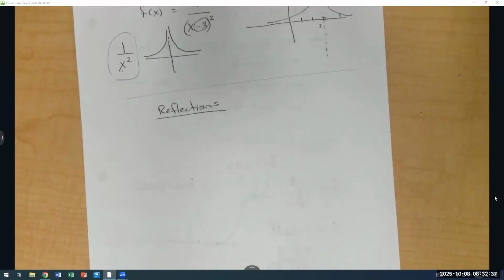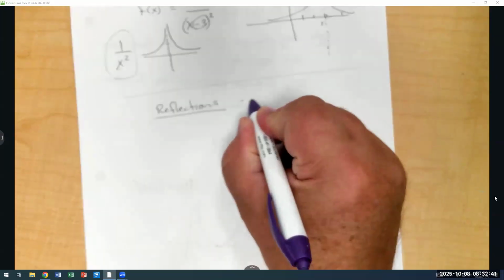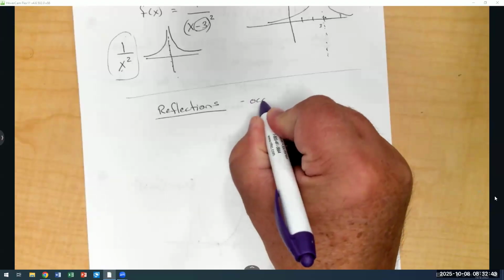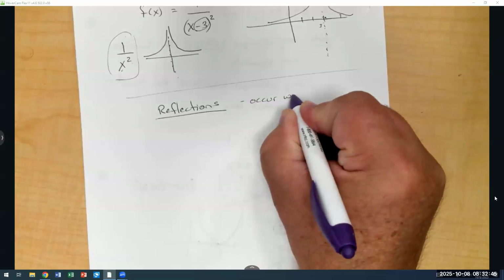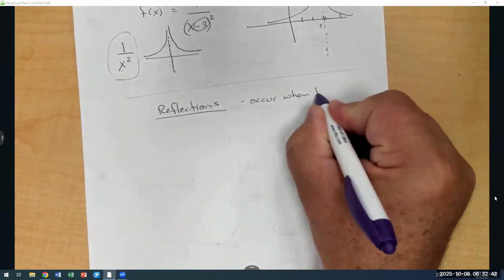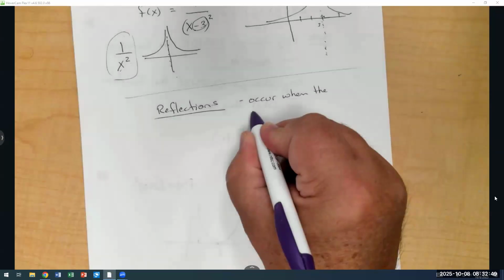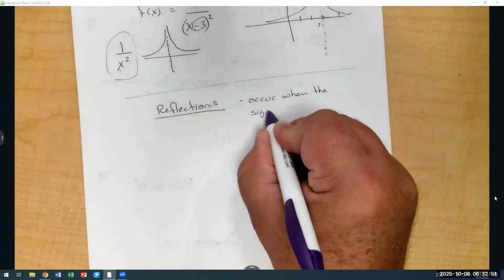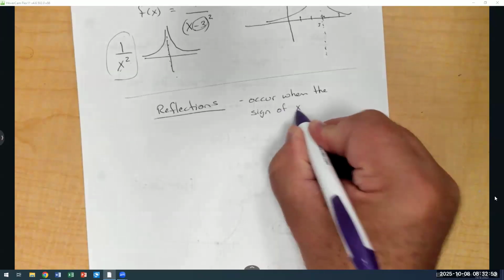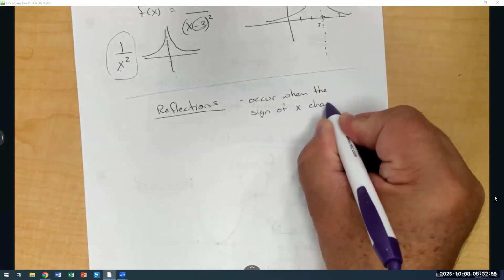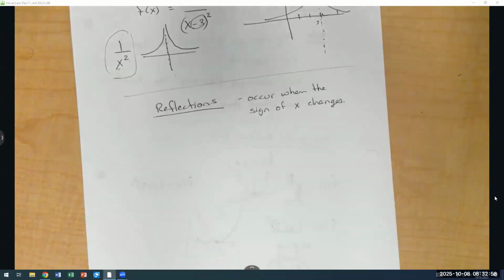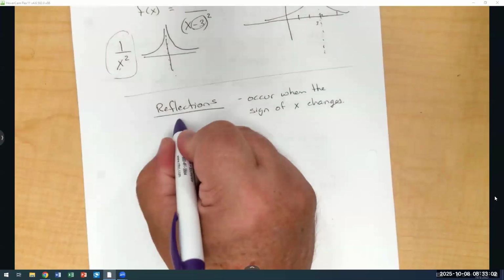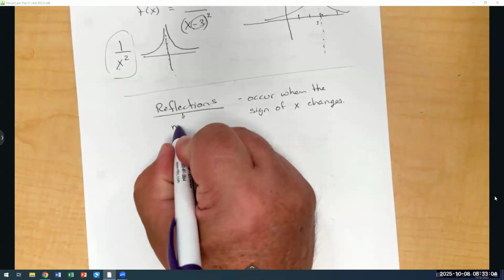Let's talk about reflections. Reflections occur when the sign of X changes. Reflections are mirrors.